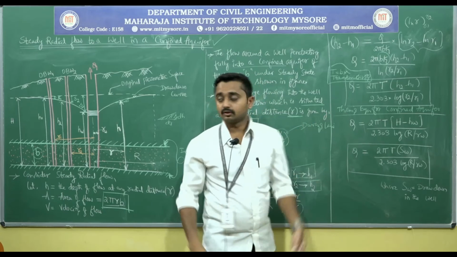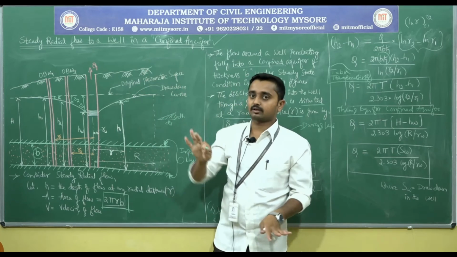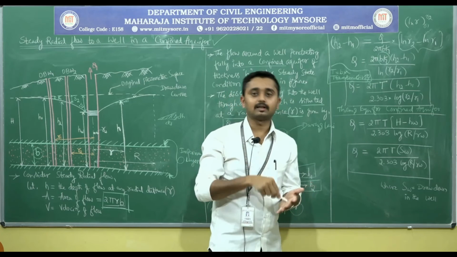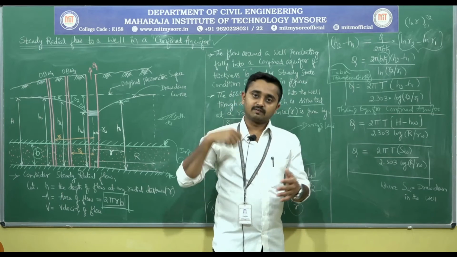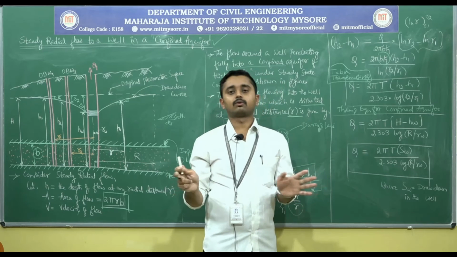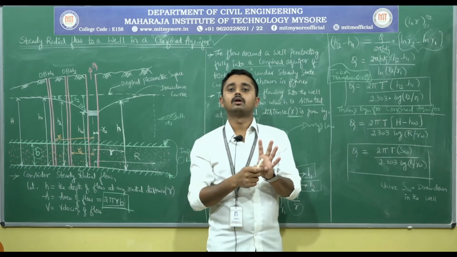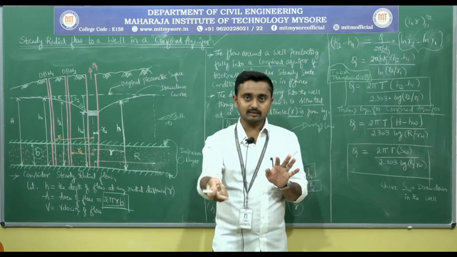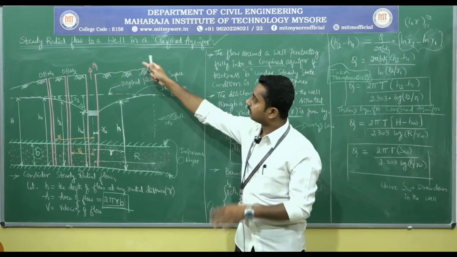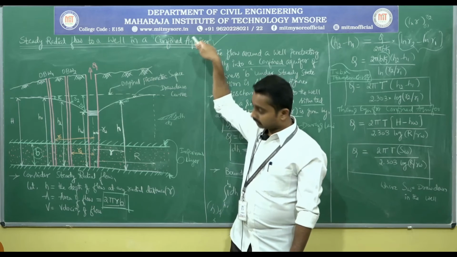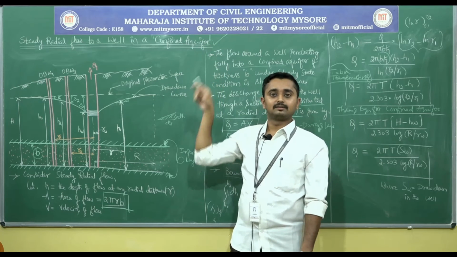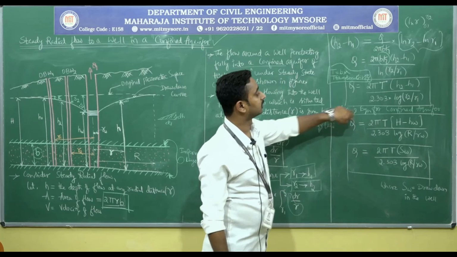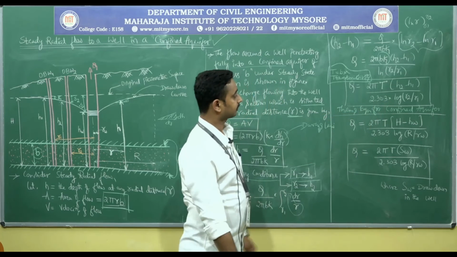The previous one is steady radial flow for unconfined aquifer, nothing but Thiem's equation for unconfined aquifer. This is steady radial flow in a confined aquifer, nothing but Thiem's equation for confined aquifer.